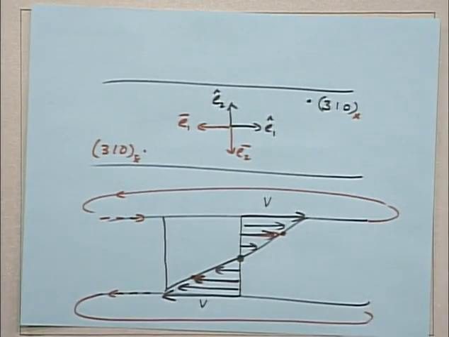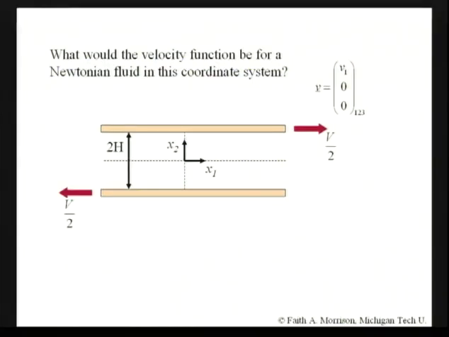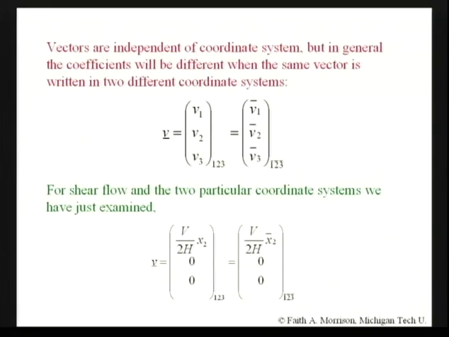Okay, so that's what we're doing in this calculation. So here is my coordinate system, and here is the velocity at the top equal to the velocity at the bottom. Here's the coordinate system in the center. We can write the velocity function for this coordinate system, and we can write the velocity function in this coordinate system. Okay?